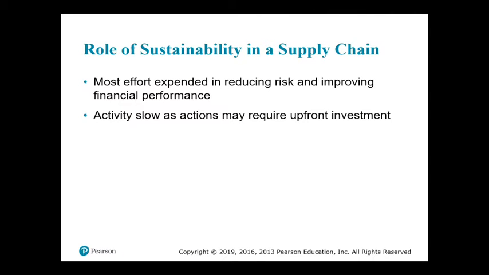One thing that impedes sustainability initiatives is the potential high upfront investment that it requires. For example, if we want to switch our energy consumption from fossil fuels to solar panels, that might require a large upfront investment to install solar panels, although a lot of this upfront investment will prove to be more cost efficient in the long run.